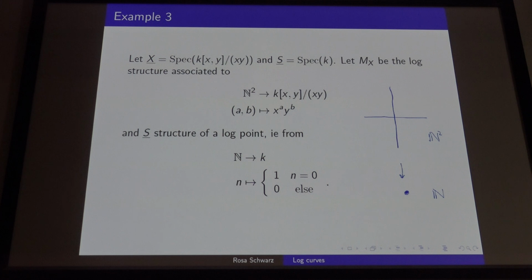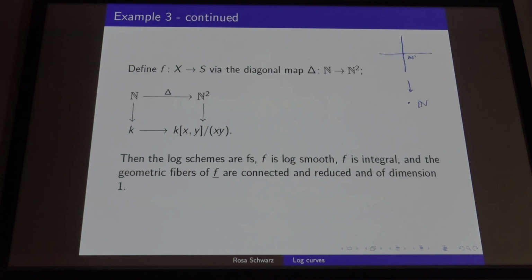I did copy the picture. We can define a morphism now by the diagonal map. So a map between the log structures going the other direction. And then this will become a morphism of log schemes. And now you can check that all the log schemes are fs.